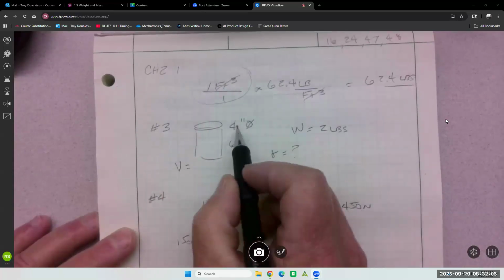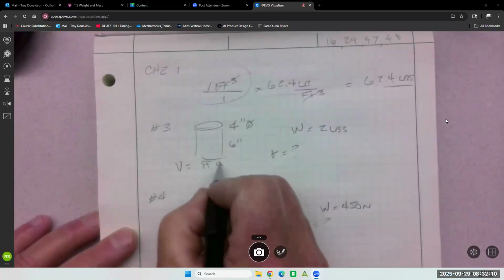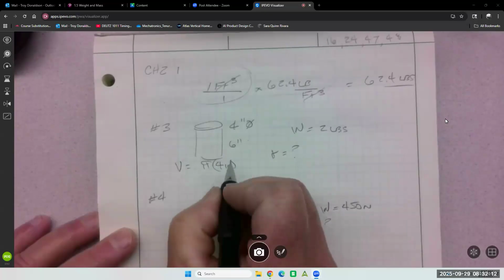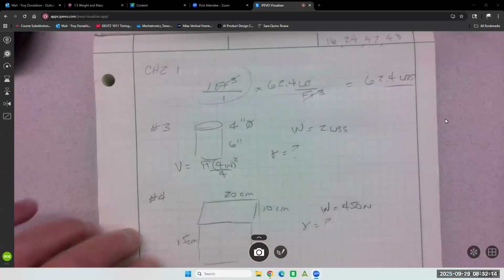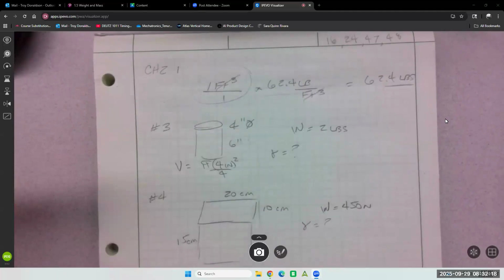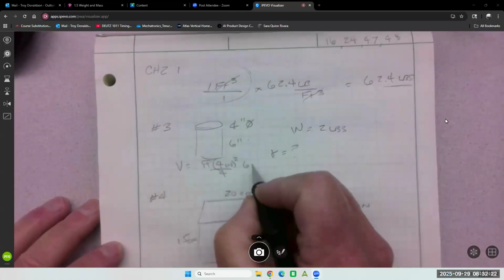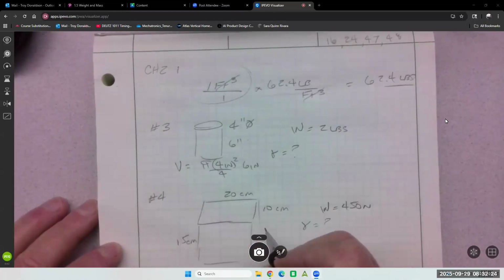That's going to be either pi d squared over 4, that's kind of what I use, so I'm going to start using that, because that uses the given number directly, 4. I don't have to do any divide by 2 thing. And then multiply by the length, 6. So that gives me the volume.